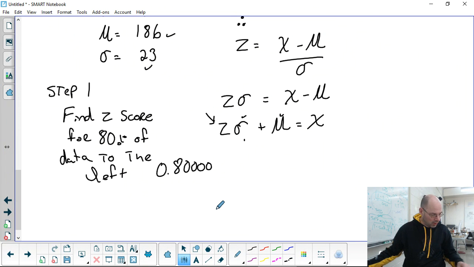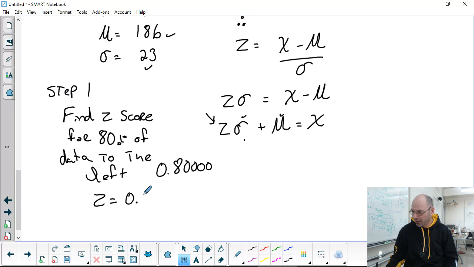So step one, look at the z-score. The z-score equals 0.84. It's between 0.84 and 0.85. Basically, you could pick either one and be close enough.